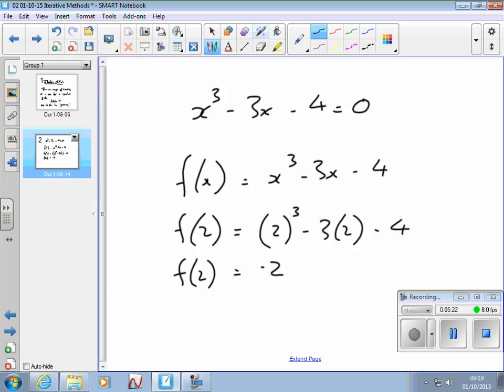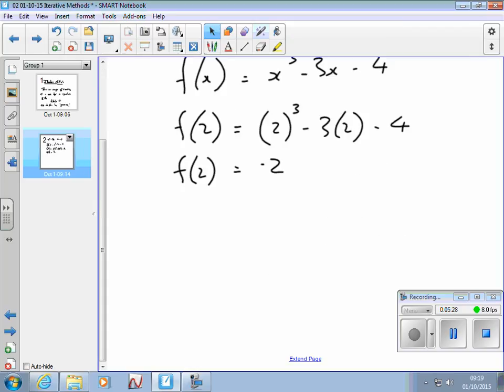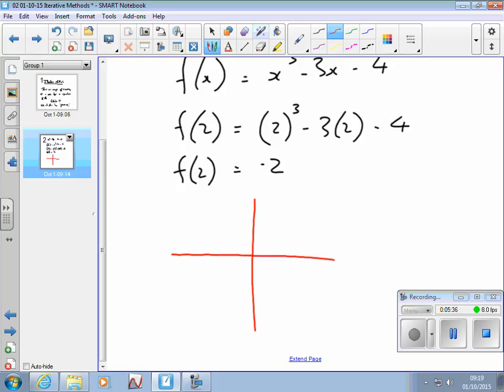Right, okay. If I were to plot this now, up here is the function, and along here is x. So when x equals 2, the function is minus 2.